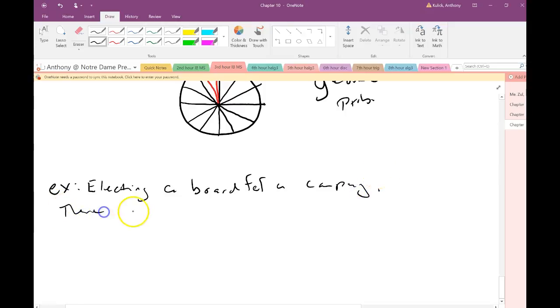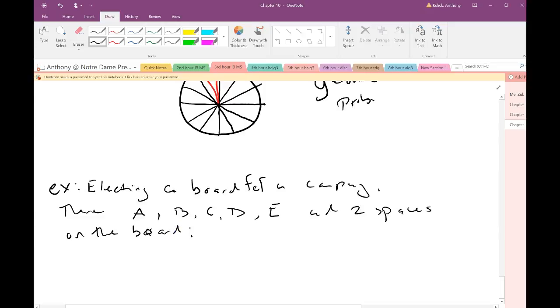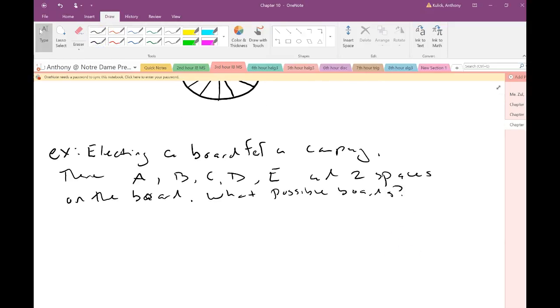There are candidates A, B, C, D, E, and 2 spaces on the board. What are the possible boards? How many of these things should we have?